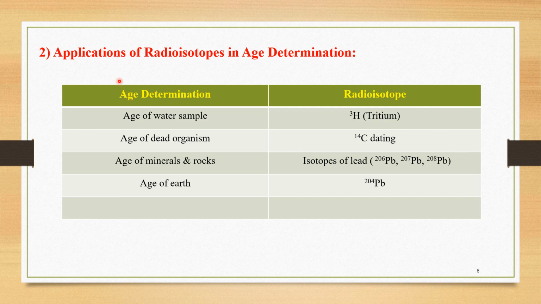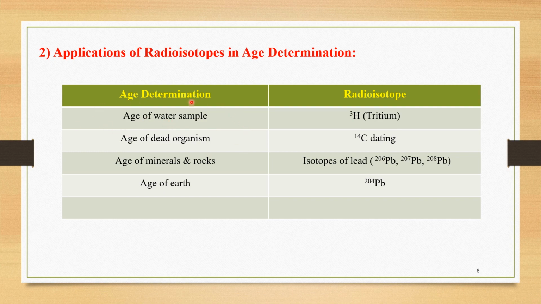The second important application of radioisotopes is in age determination. If we want to find out the age of a particular sample, different radioisotopes are used depending on the type of sample. Let us look at them one by one. First is the age of a water sample.